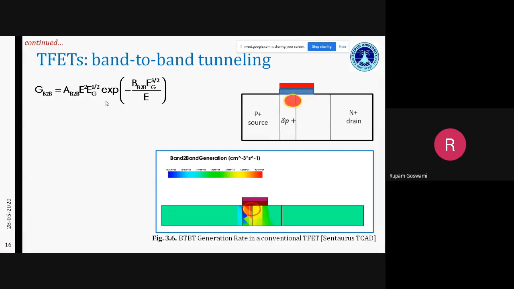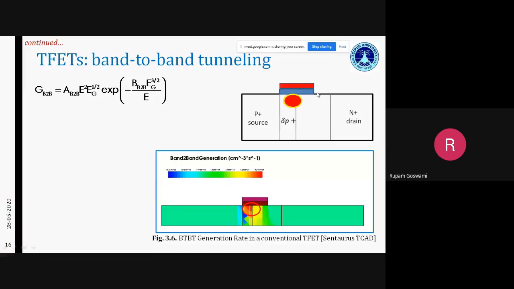And you can see that the tunneling usually occurs at exactly the junction between the source and the channel. In this particular case, the structure which we have simulated has a gate drain underlap. Gate drain underlap means that the gate has some distance away from the drain junction.